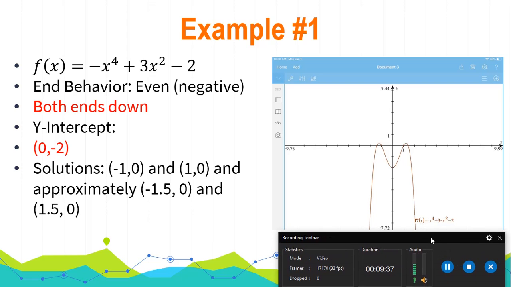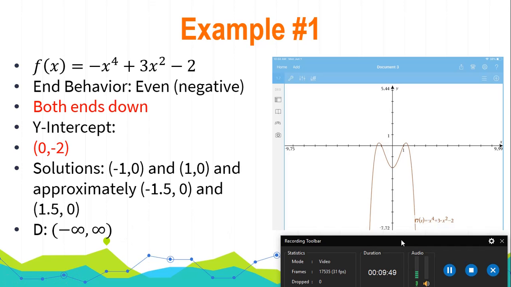The last thing we want to look at is the domain and range. Remember, the domain is the x-axis. As this graph expands and we see more values on both the x and y axis, you'll find that the domain is from -infinity to +infinity. So it's going to get wider horizontally.